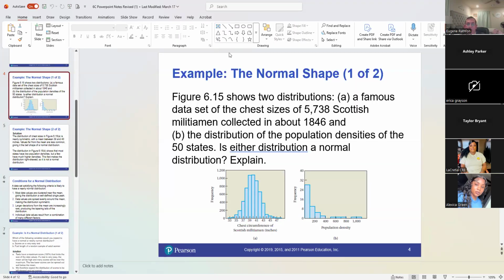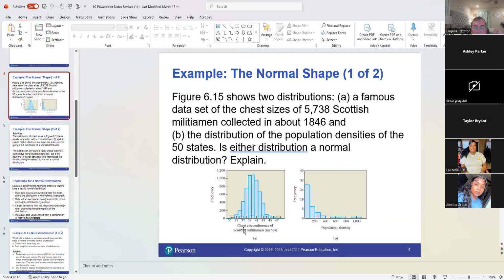All right, y'all, so this is an example of showing you two distributions. One is going to be what we call normal distribution because it has that bell-shaped curve. And the other one is just a distribution and it is not normal. So A down here, the left side, is a famous data set of the chest sizes of 5,738 Scottish militiamen collected in about 1846.